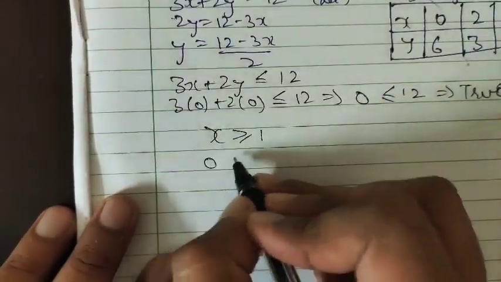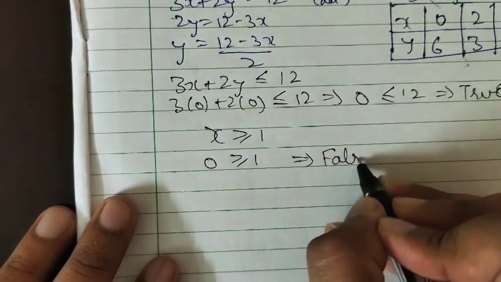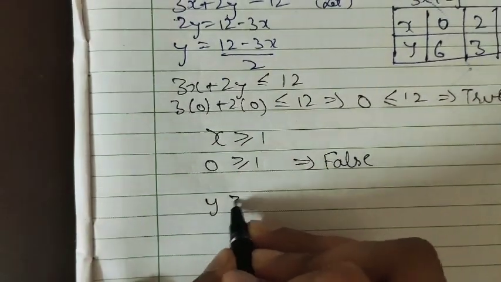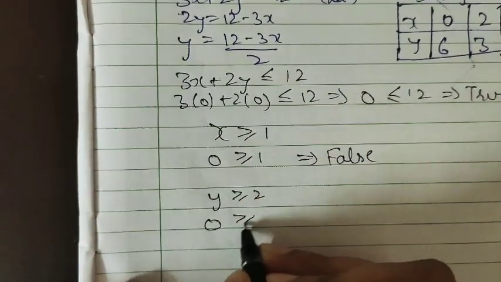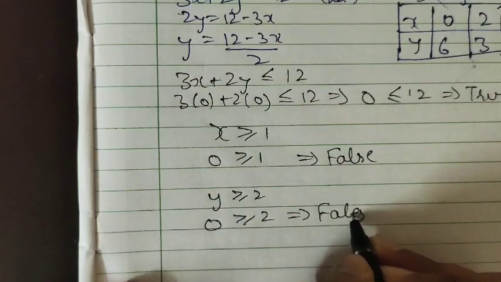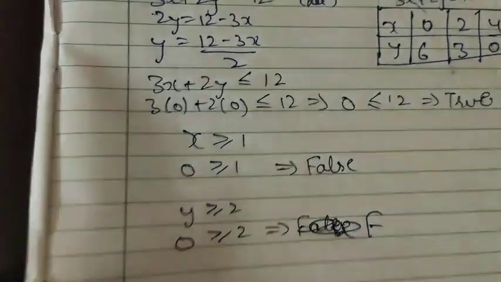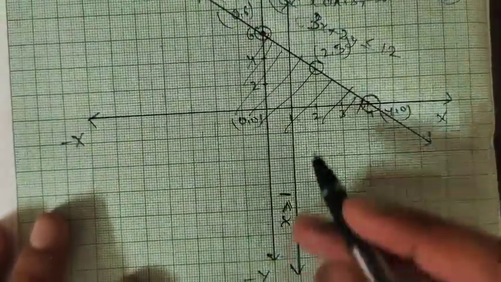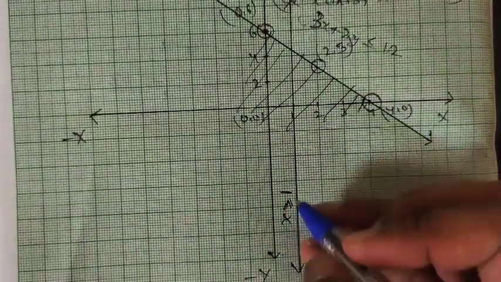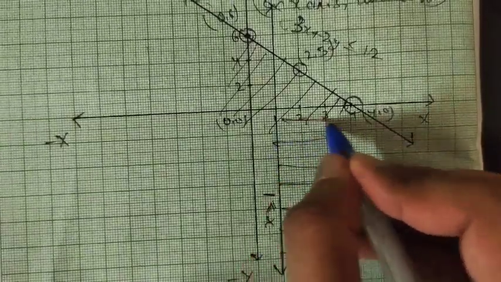False. So if it is false, the condition will be outside 1. Similarly for y: is 0 greater than or equal to 2? False. So both conditions are false, and the portion covered here, I'll mark with this blue pen, is this one.